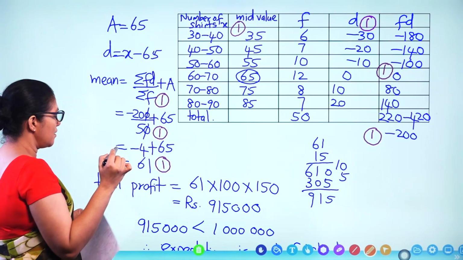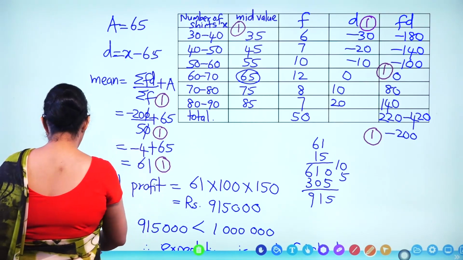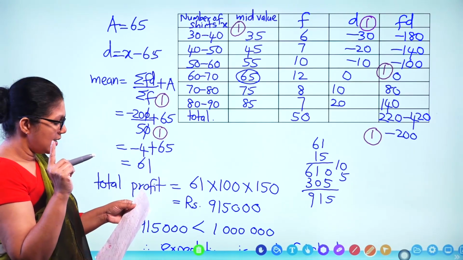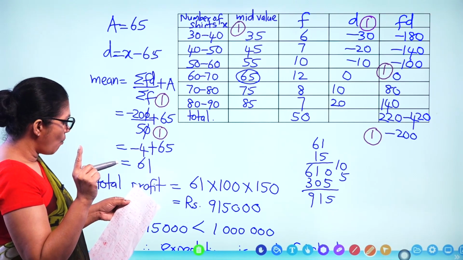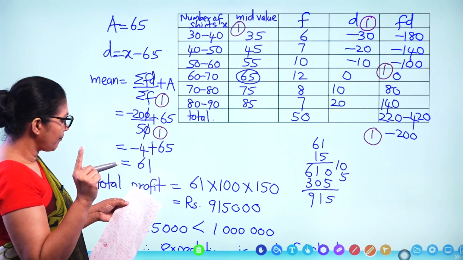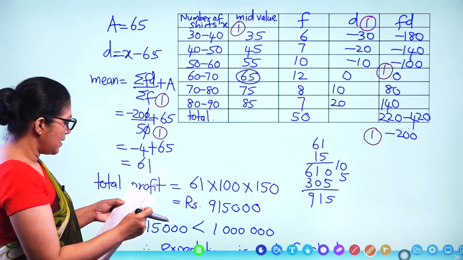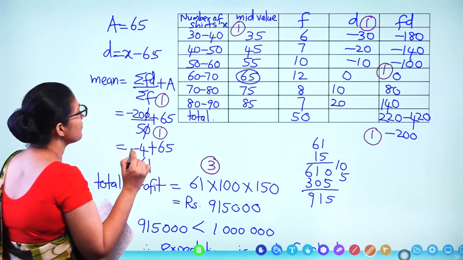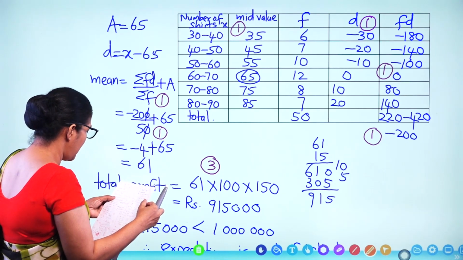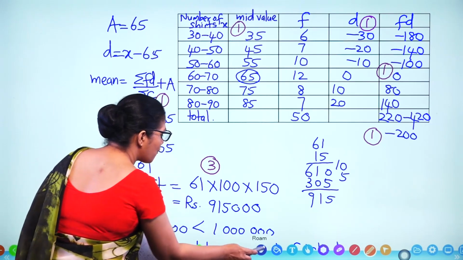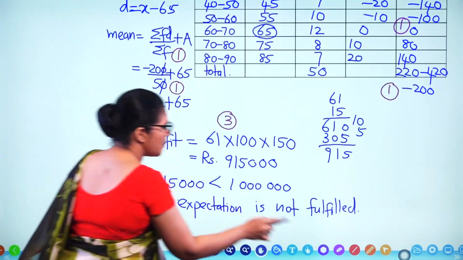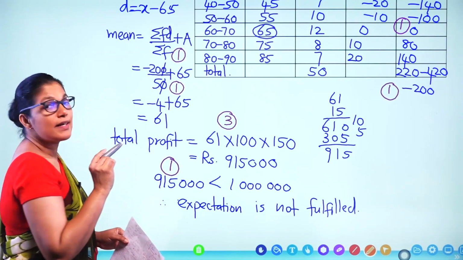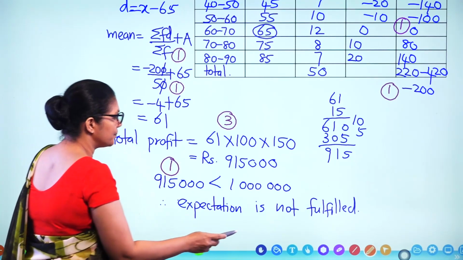So 6 marks for all these. And then what's the profit? So profit is 915,000. You get 3 marks for that. So 6 plus 3, 9. And 1 mark for giving reason: the expectation is not fulfilled. 1 mark. So altogether 10 marks for that question.